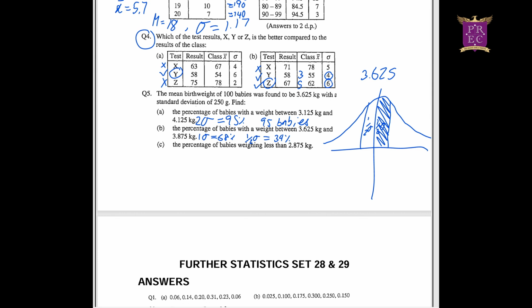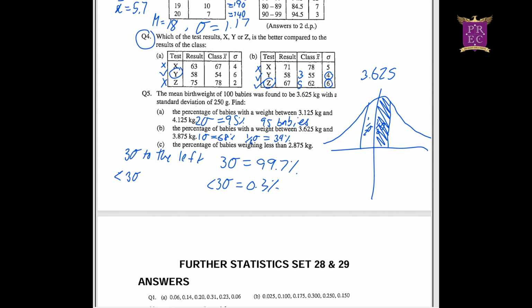Now, last one. The percentage of babies weighing less than 2.875. 2.875 is how many standard deviations? 3 standard deviations to the left. Okay, and it has to be less than the 3. Okay, so we know that 3 standard deviations is 99.7%, and less than 3 is 0.3%, because it's 100 minus 99.7%.